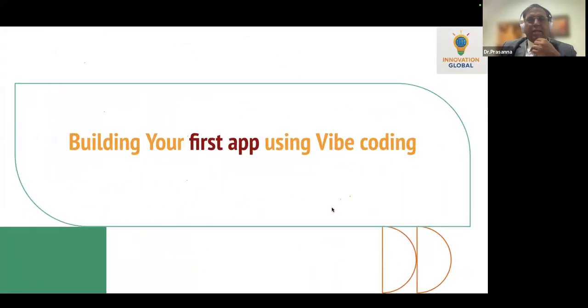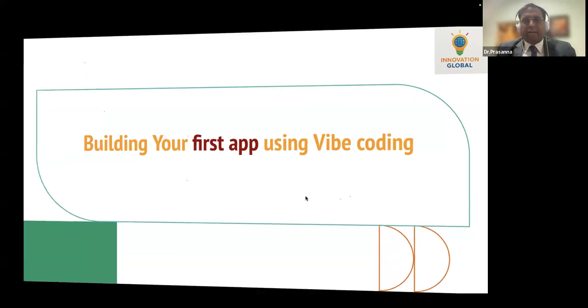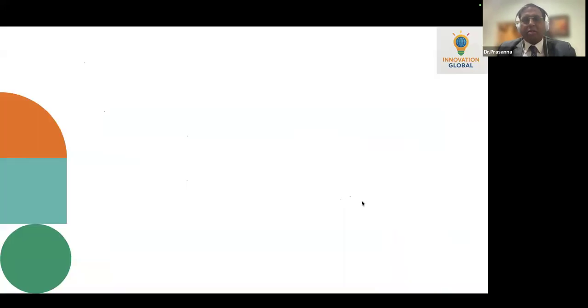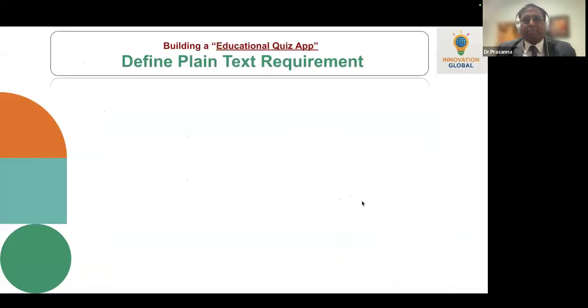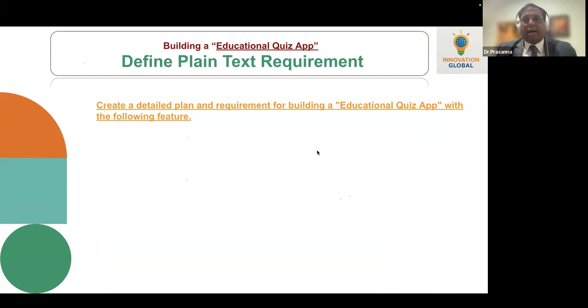So the example, I'm going to build my first application using vibe coding. I'm going to use Firebase Studio for doing it. So let us see the steps that we can follow to do that. And we all have been introduced to the flashcard application, right? Now, similarly, what I'm planning to do is I'm going to create a quiz app.